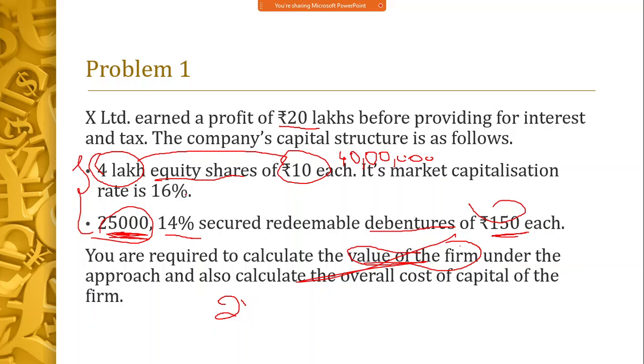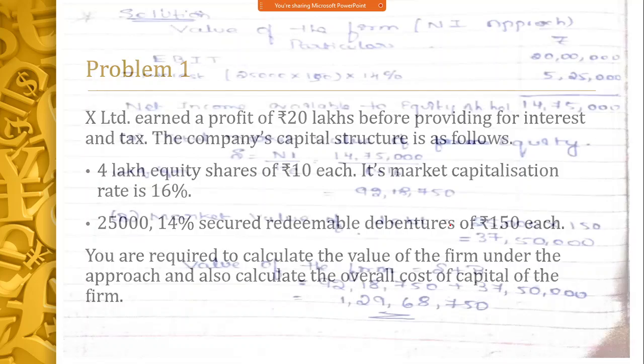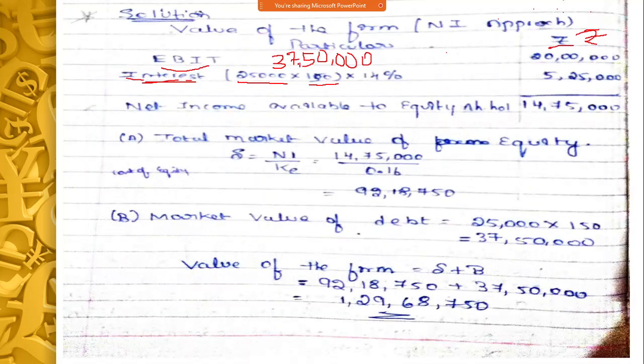So each 150 rupees bond will have 14% interest on that. Now when you multiply 37,50,000 by 14%, the interest comes to 5,25,000.